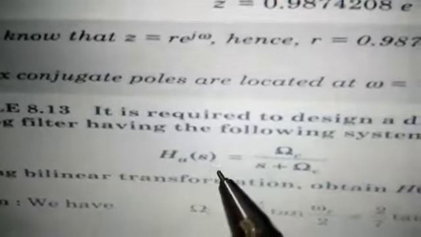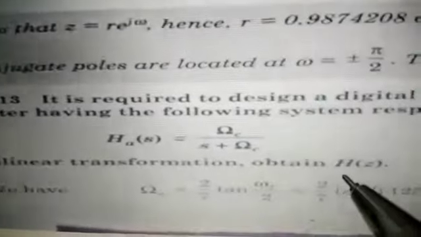HA of S is equal to omega C upon S plus omega C, where omega C is the center frequency of the analog filter, and using bilinear transformation obtain H of Z.